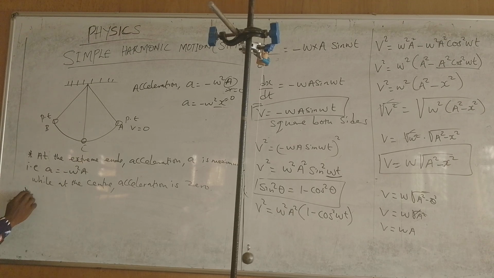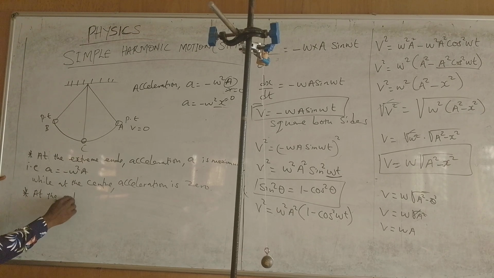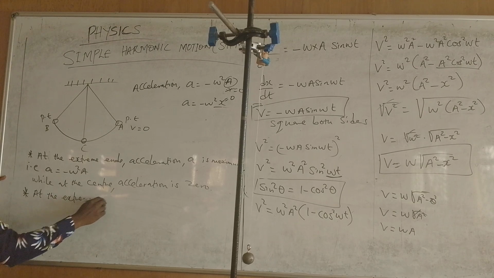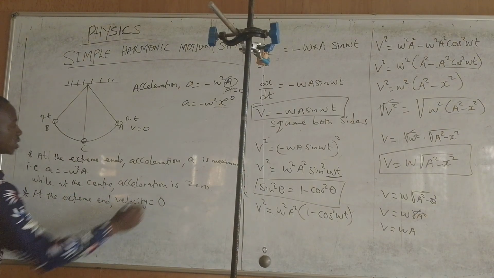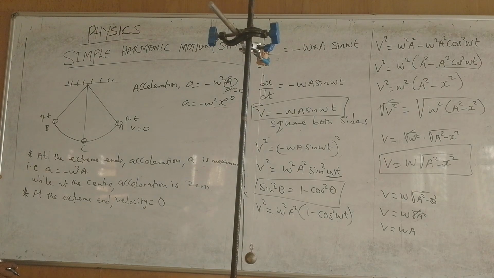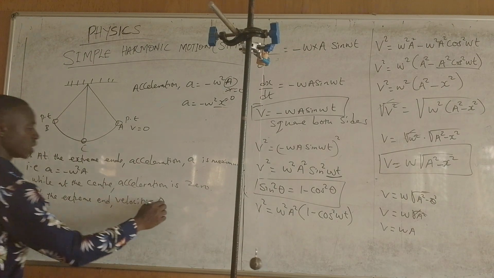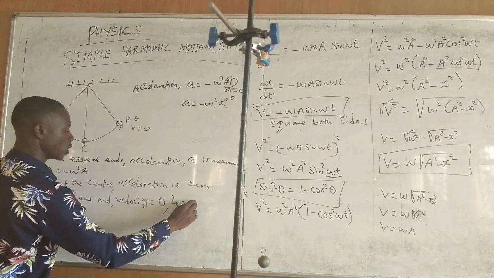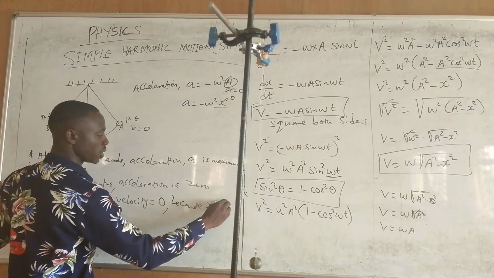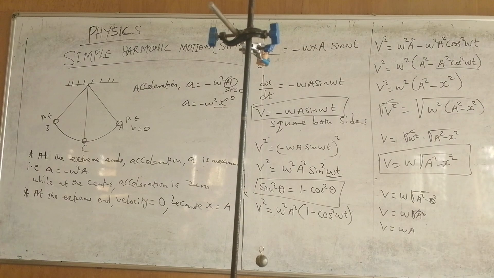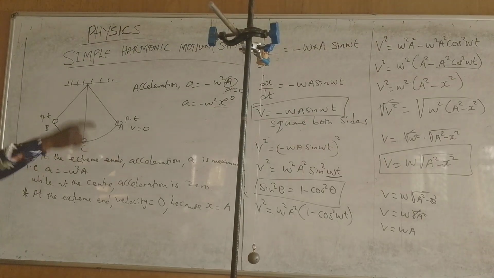Then for velocity, at the extreme end, velocity equals what? 0. Because, please, what I want to do now is very important, x is now A. Let me show you from that formula.